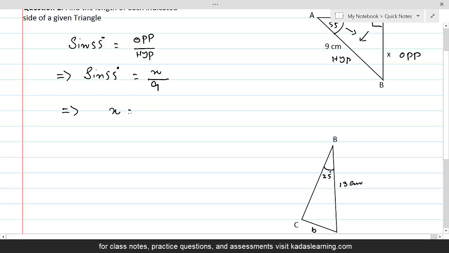x equal to 9 times sine of 55 degree, and now the value of sine 55 degree from calculator is 0.819, and upon multiplication this becomes 7.37 centimeter.